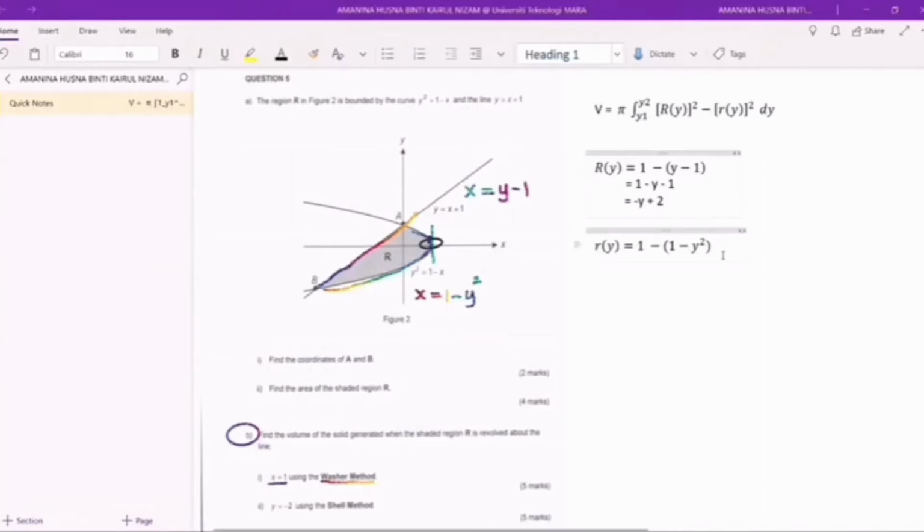So we finish this equation first. 1 minus 1 plus... okay, now we insert the outer radius and inner radius in this equation. For y2 and y1 here, we need to find their values.